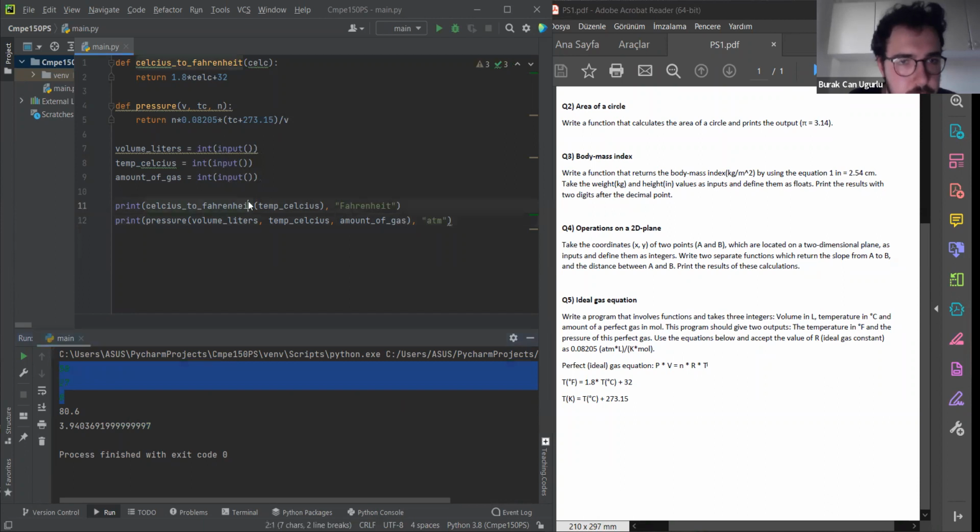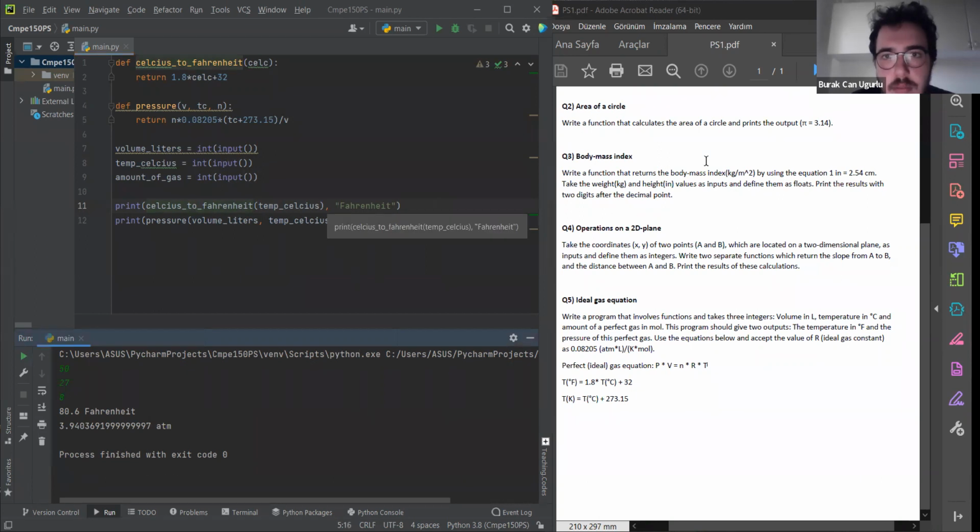So as we re-input these values, as you can see, the units are also added to your values. I will post these PS questions also as a PDF file, and there will be the example input and output, so you can check them if you solve these questions again after this PS session.